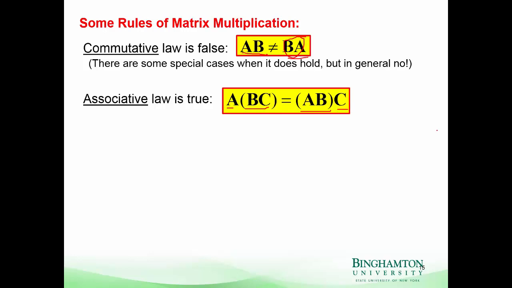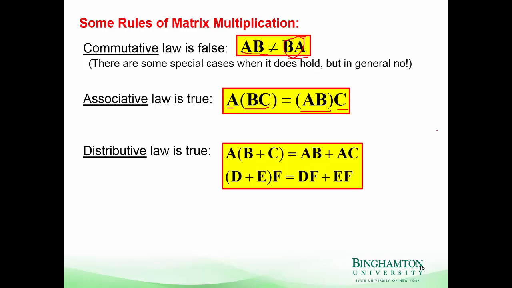Now, this assumes that for the product ABC, all of these are allowable to interact, so all the inside dimensions hold. And the distributive law is perfectly valid.